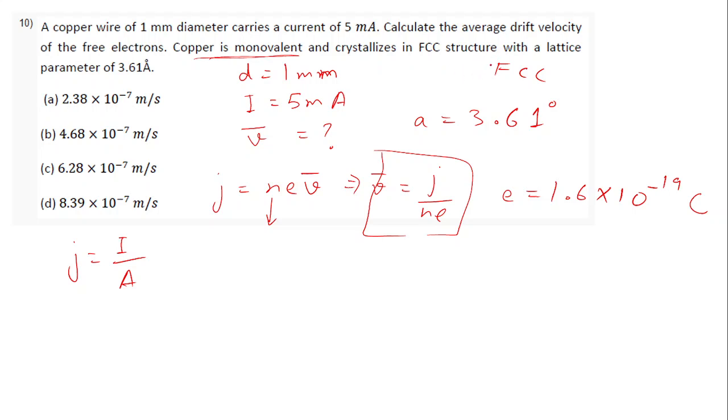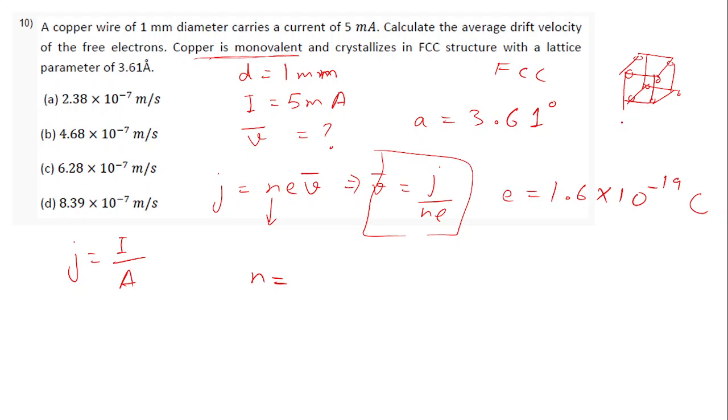We need the number of electrons per unit volume, the number density. FCC has atoms on the corners and on the 6 faces.